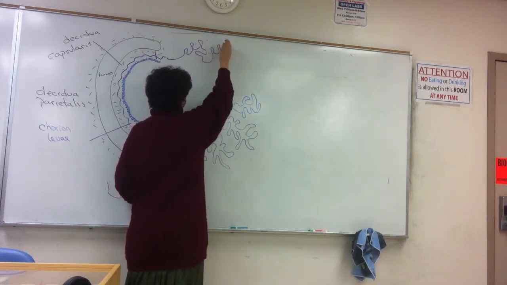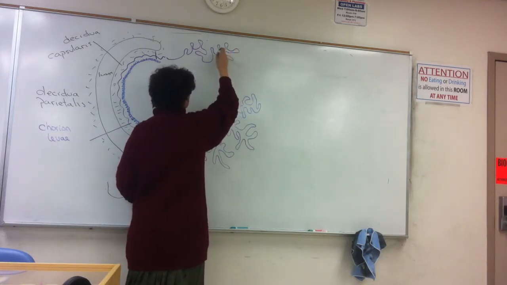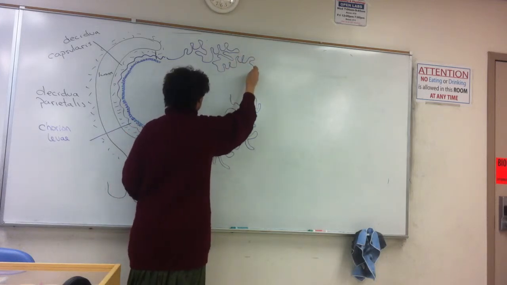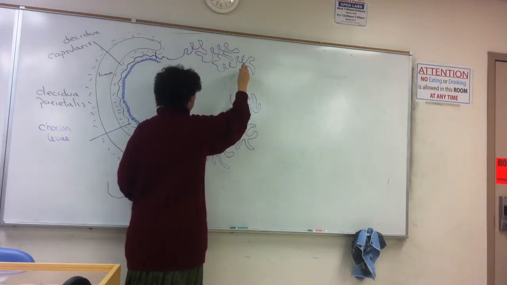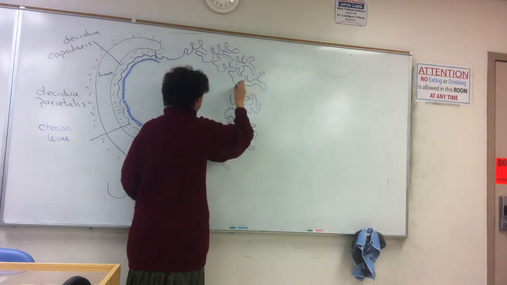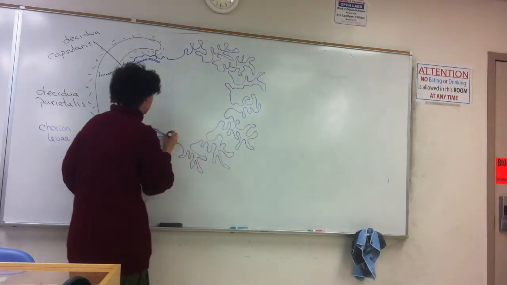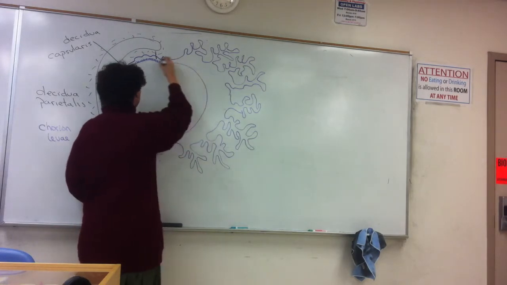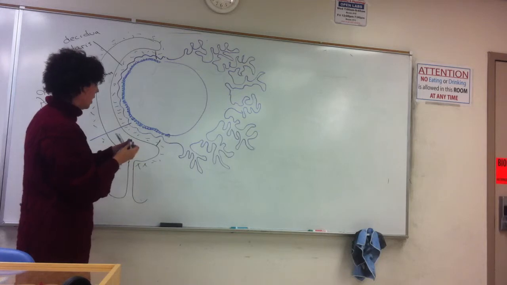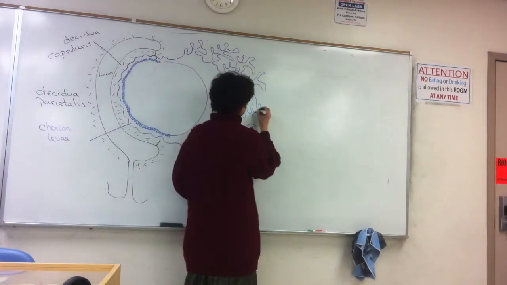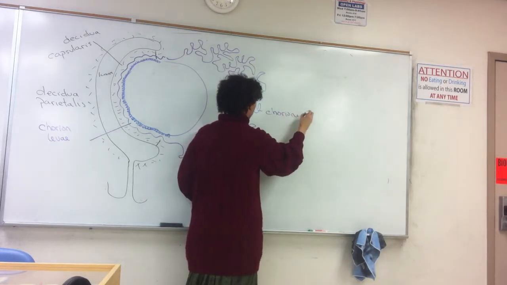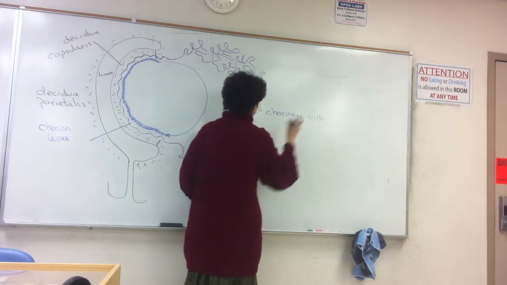So there would be these branches and then ten more sets of branching, more. The chorion laeve. Chorion villi, or chorionic villi.